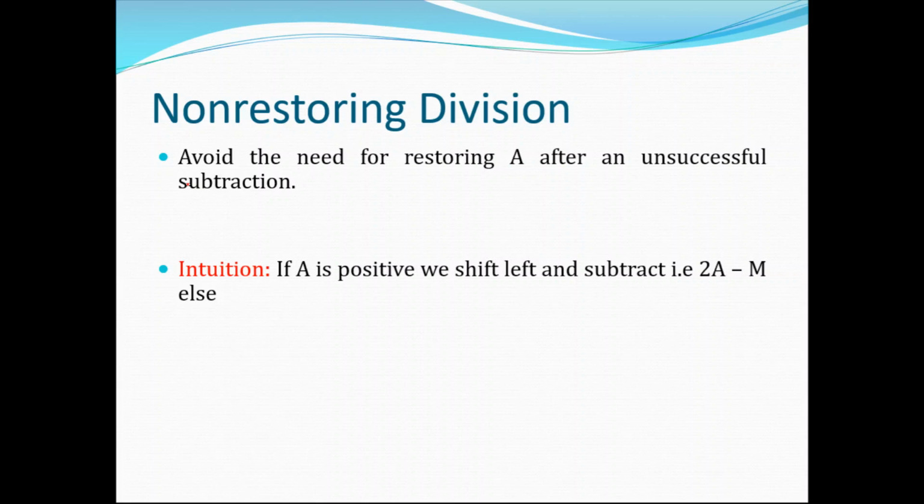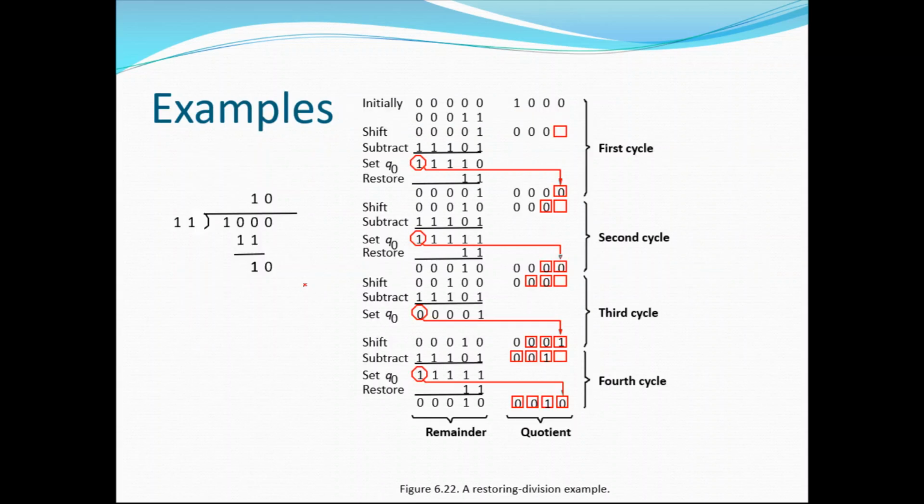So what is the intuition behind that? If A is a positive number, here in this case, at one point it's a positive number because the sign bit is 0.